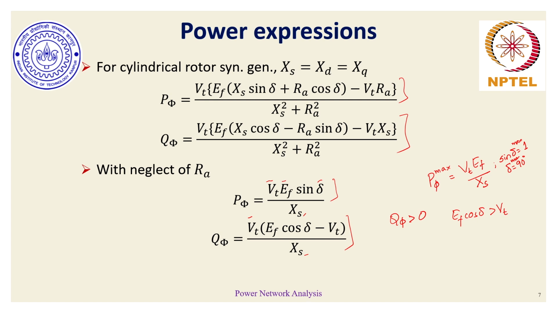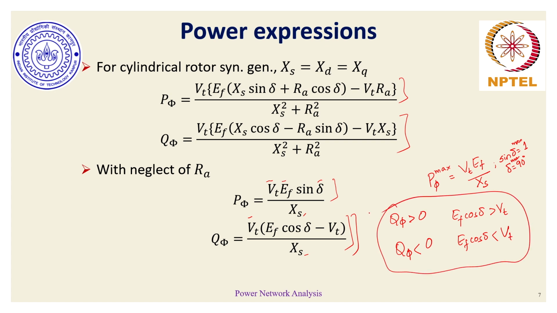The machine can also absorb reactive power, and that is evident here from this expression. If Q phase becomes negative, the machine is absorbing reactive power. In that case, Ef cos delta would be less than Vt. We will take up more about Q phase being positive or negative when we talk about reactive power control of synchronous generator in the next few lectures.